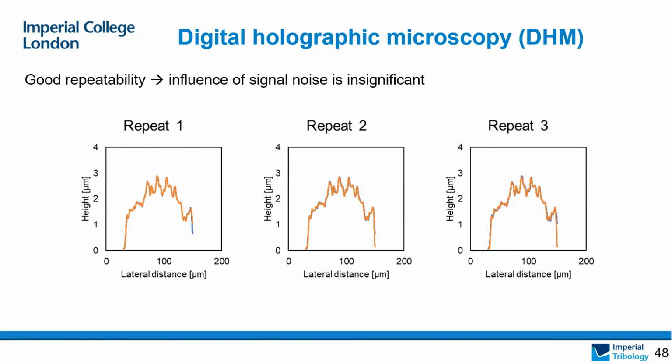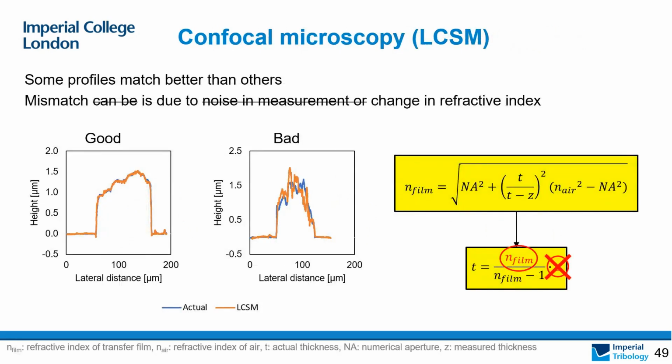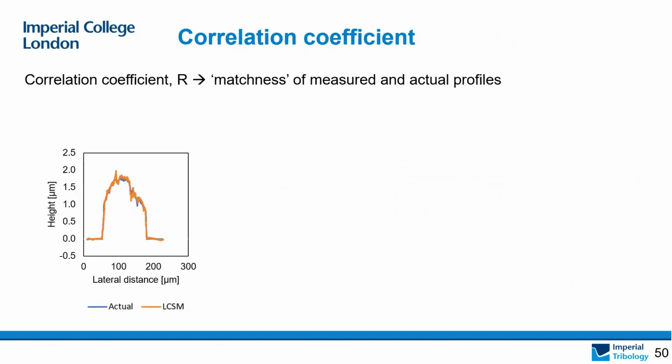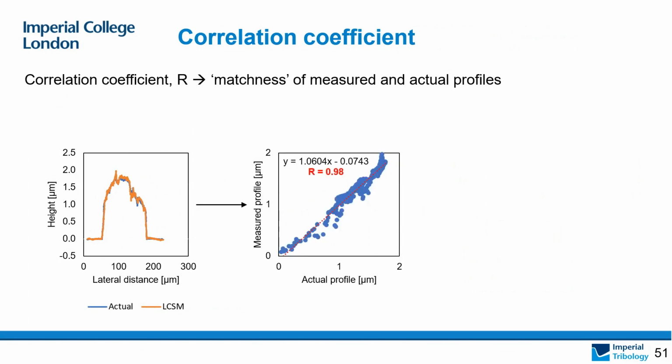And same observation for the DHM measurements. And this confirms that any profile mismatch is caused by the change in refractive index instead of the noise in measurement.